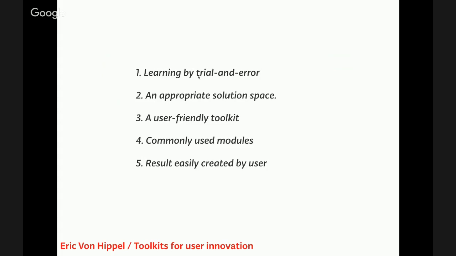A user-friendly toolkit, commonly used modules, and results easily created by the user. So in a way, we were inspired by this, and we provided all of these elements without even doing it consciously. We came to the same conclusion in a trial and error process. But when I came across this book, I realized that a lot of principles matched.